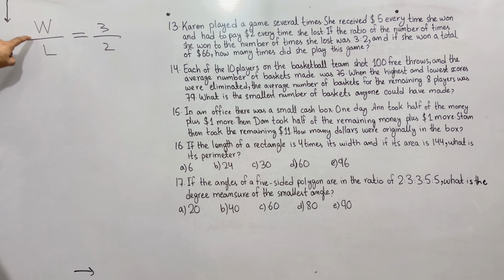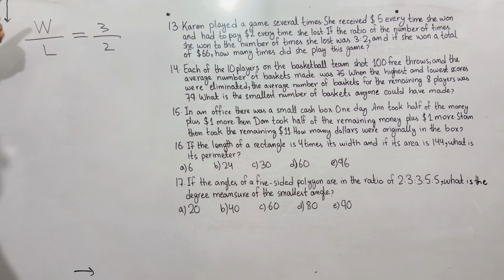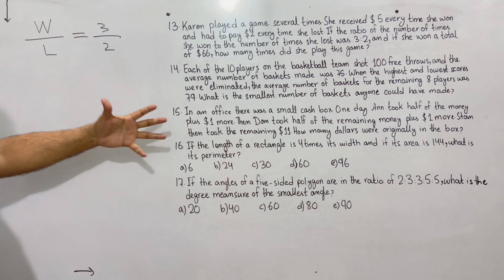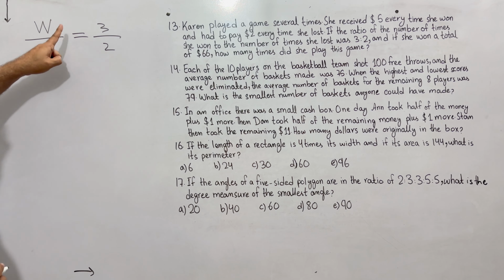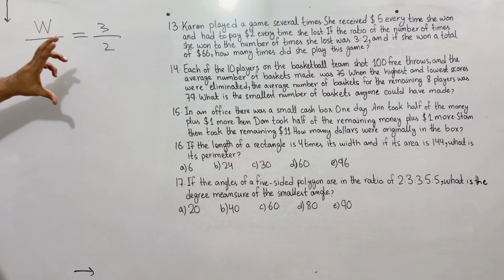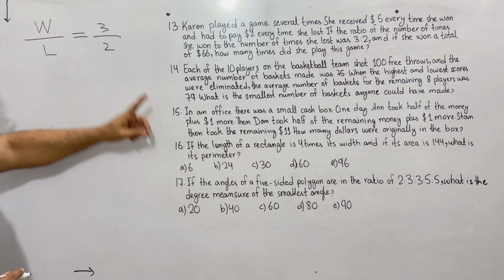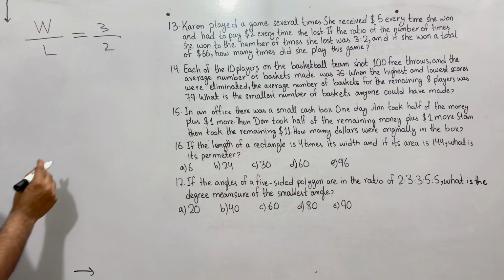Ratio of win to loss 3:2 means she has more times won. That's why she has accumulated $66. Otherwise, she would have paid something. But in this case, she has garnered $66. That's why the ratio corresponding to W is greater.